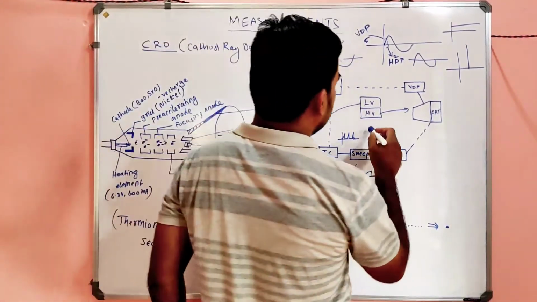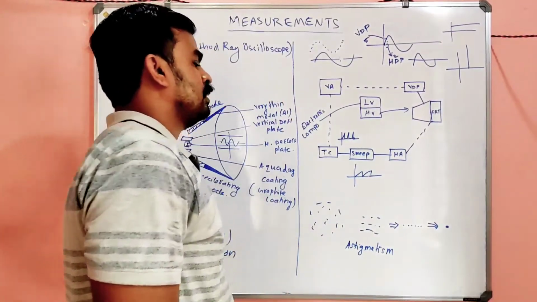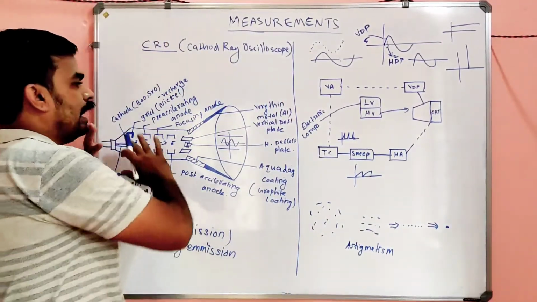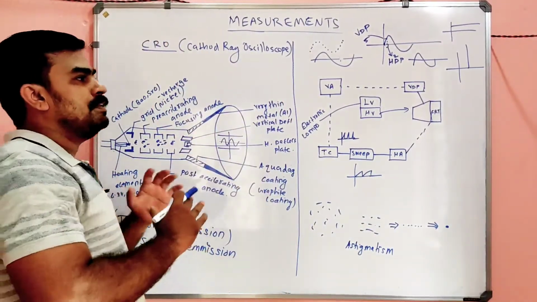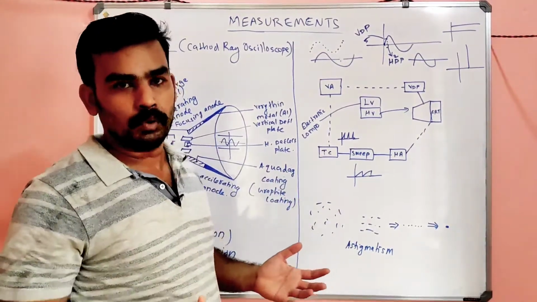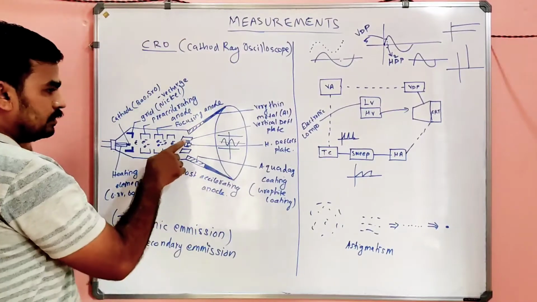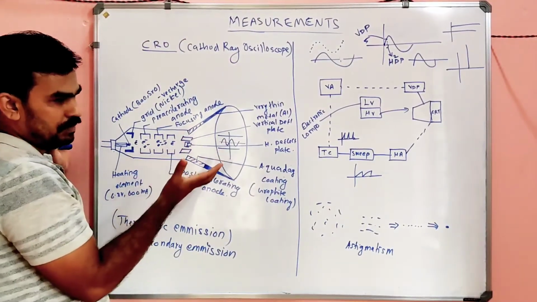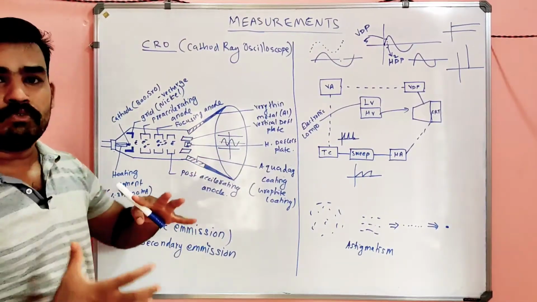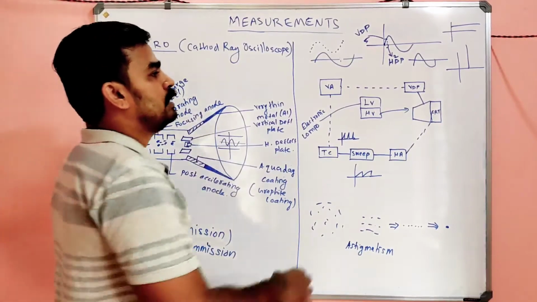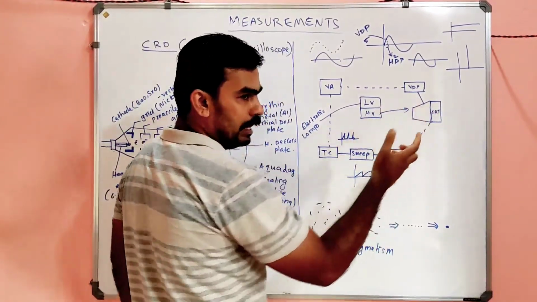And here you can see another diagram. See, my dears, the entire circuit needs different levels of voltages. For the CRT, cathode ray tube, the vertical deflection plate and horizontal deflection plate require a very high voltage, so it is provided by a high voltage supply.